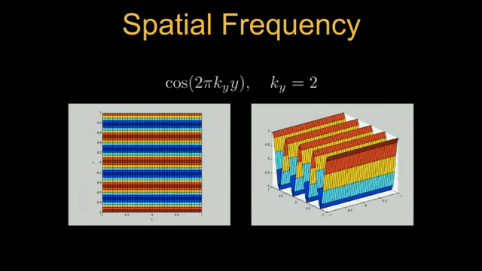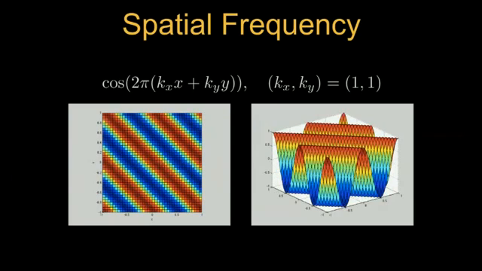You can again vary the frequency in each direction. This is purely along y. But it gets interesting now if you look at both directions. In general, we can manipulate both kx and ky to give us different frequencies along x and y. That means if you move only along x, you'll see one frequency. If you move along y, you'll see the other frequency. In this case, they're both 1.